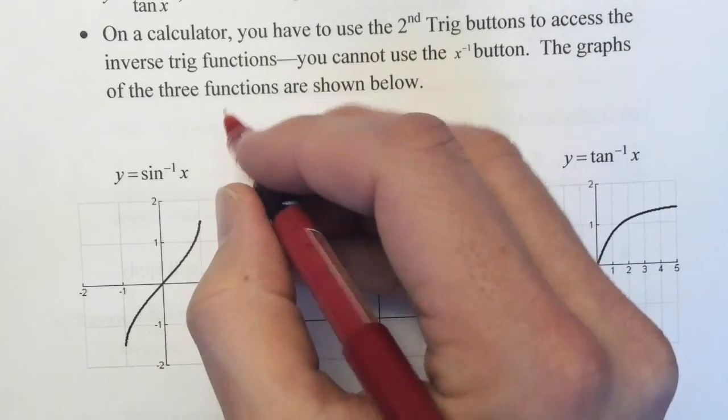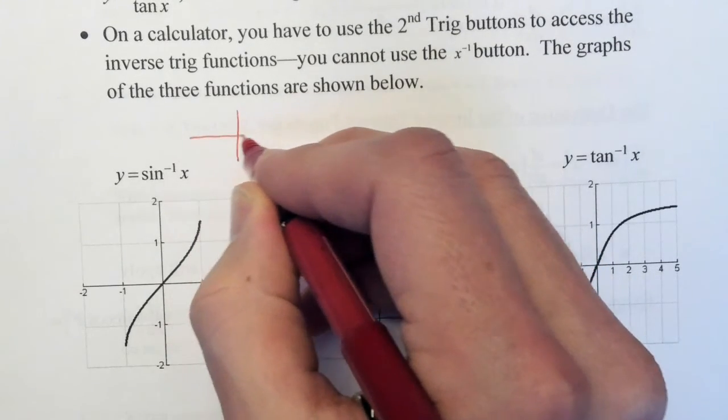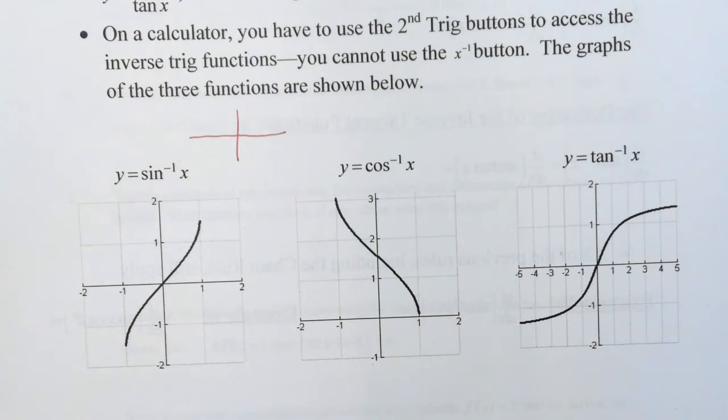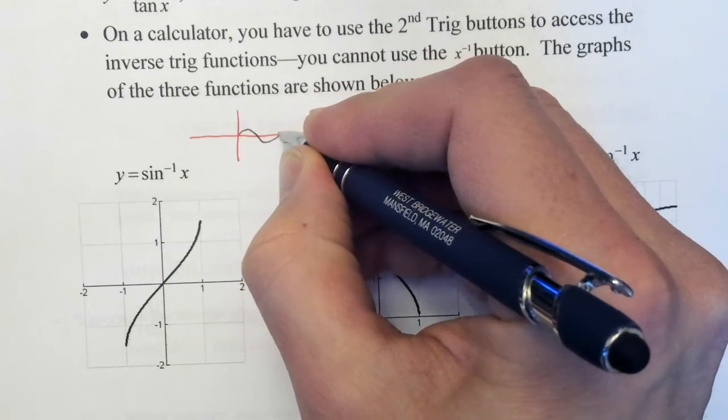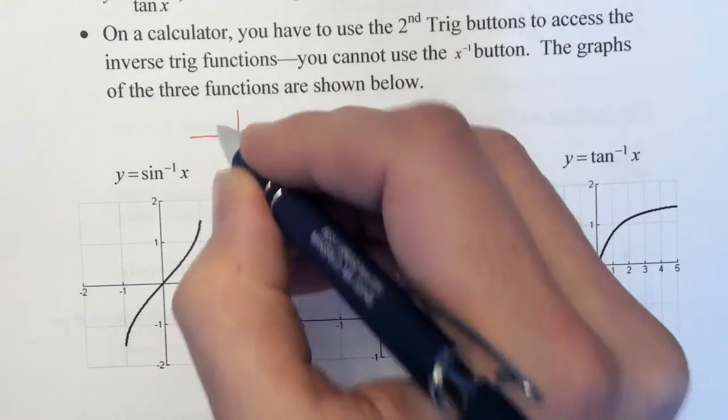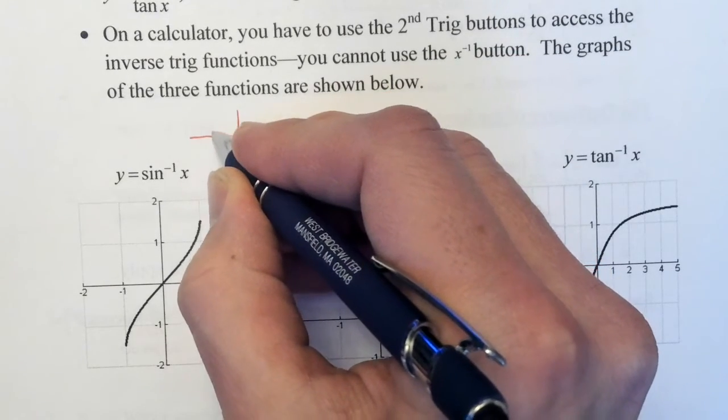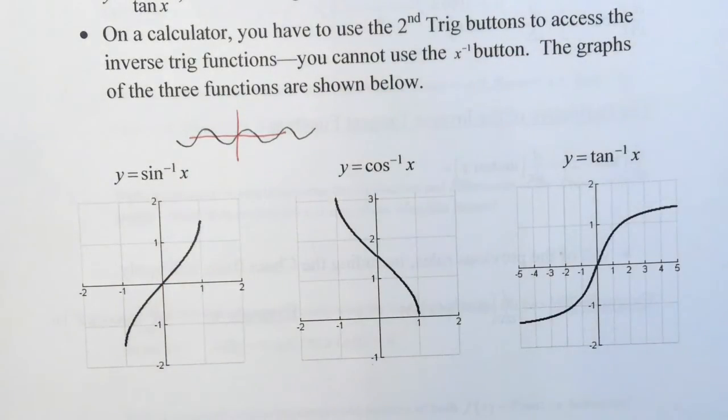If I draw a quick graph of the sine of x up here, there's my axes, and I know that sine is a wave function which goes on and on and on, like so.